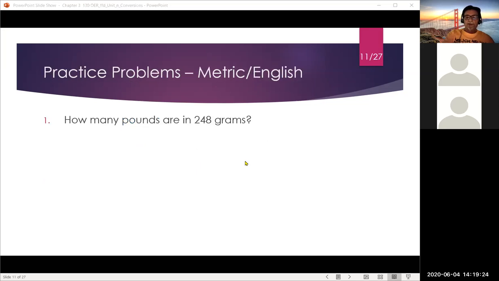All right, how many pounds are in 248 grams? Well, we write down what we're given, 248 grams. Our conversion factor is that 1 pound is equal to 454 grams. I set it up in this manner, and my units of grams cancel, giving me pounds.